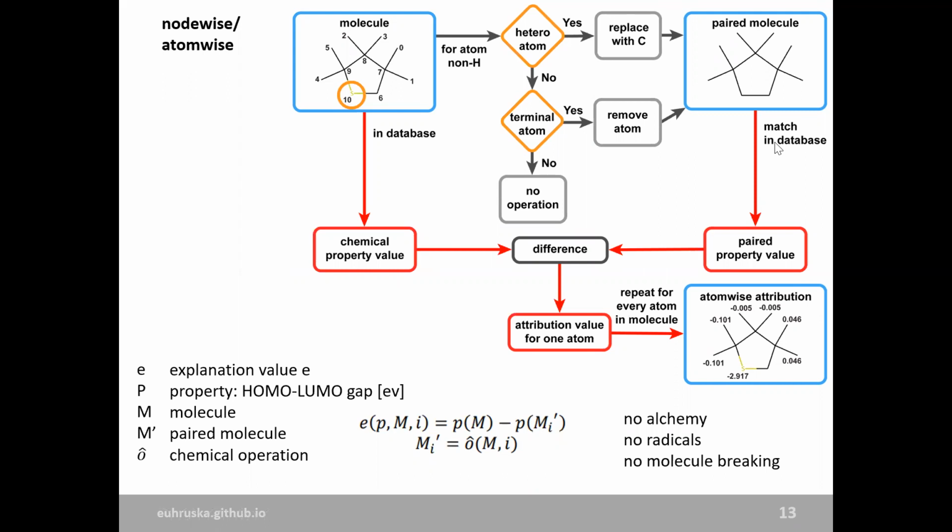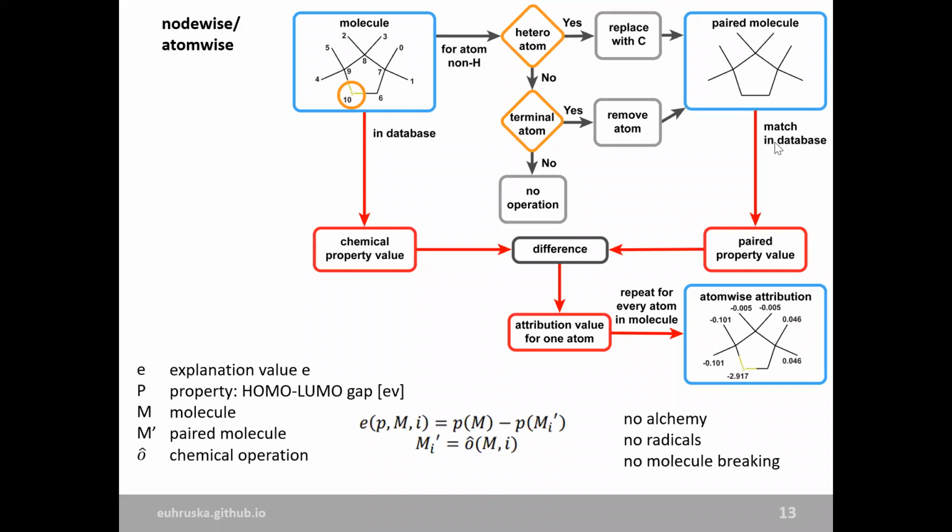This approach also ensures chemical validity, because if we cannot calculate the property of the molecule, that means the molecule might not be chemically valid. So this is a second guarantee that we have chemically valid pairs of molecules, and we don't use any alchemy.